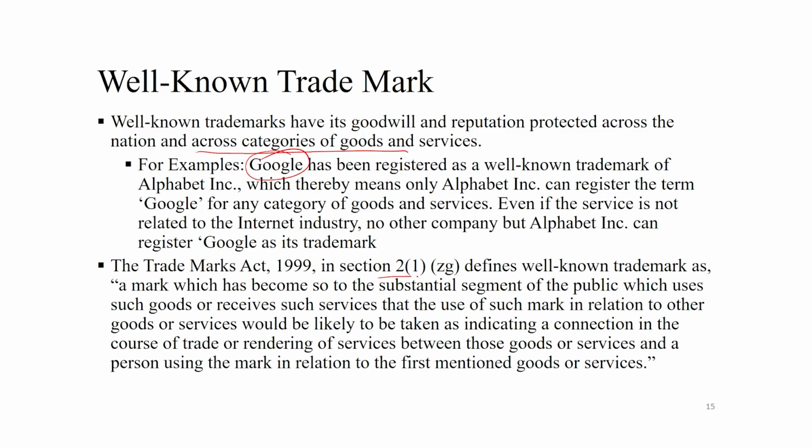Section 2.1 ZG defines a well-known trademark as a mark which has become so known to the substantial segment of the public which uses such goods or receives such services that the use of such mark in relation to other goods or services would be likely to be taken as indicating a connection in the course of trade or rendering of services between those goods or services and a person using the mark in relation to the first mentioned goods or services.